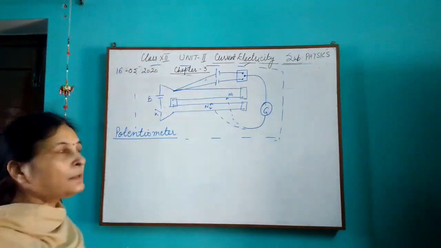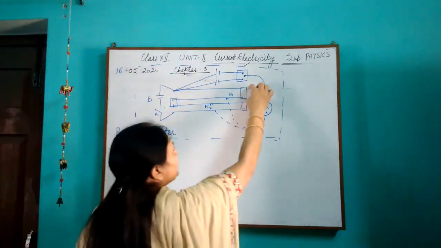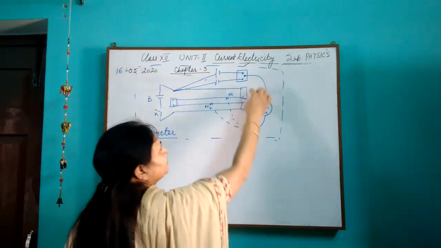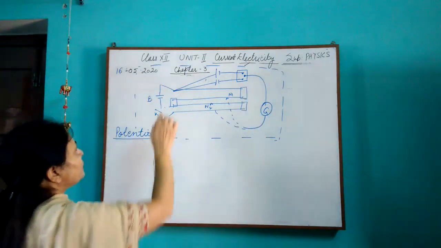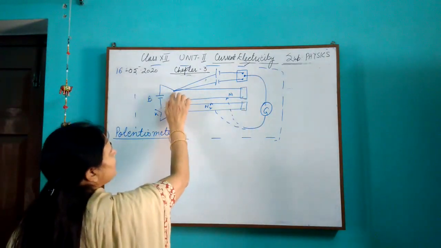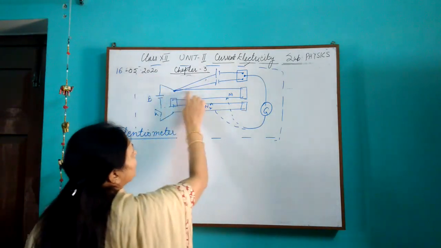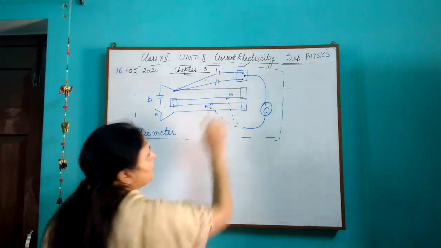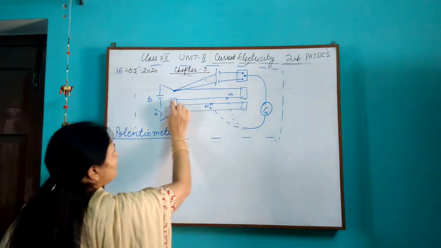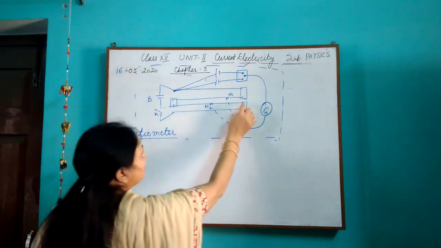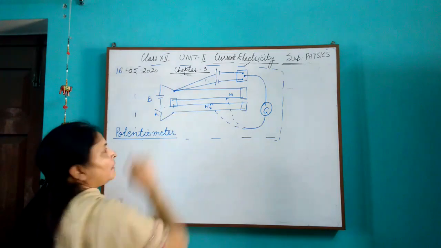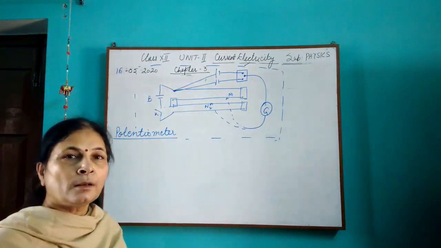On this wooden surface, these metal plates are clamped, and this is a 4 meter wire stretched. Say initially from this point, like this, and then 2 meter, 3 meter, and then 4 meter.